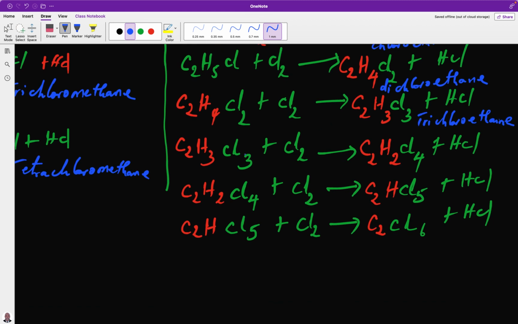Trichloroethane comes, it reacts with a chlorine molecule. Now what happens? The same substitution continues to form C2H2Cl4 plus hydrogen chloride. In that case, how many chlorine atoms are here? There are 4. We now say it is tetrachloroethane.